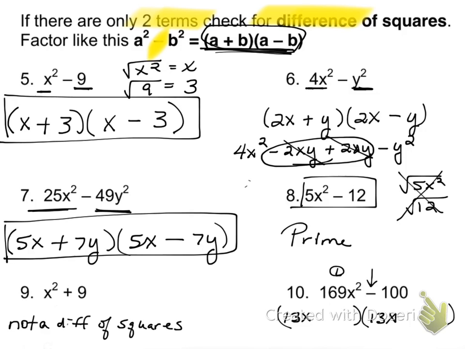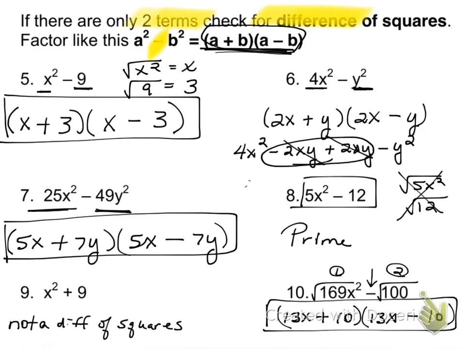Here's one term and here's the other. Minus sign between. Can I take the square root of 169x squared? Yes, and I get 13x. Can I take the square root of the 100? Yes, I get 10. And so it's going to factor, and the signs will be one of each in each of the factors.